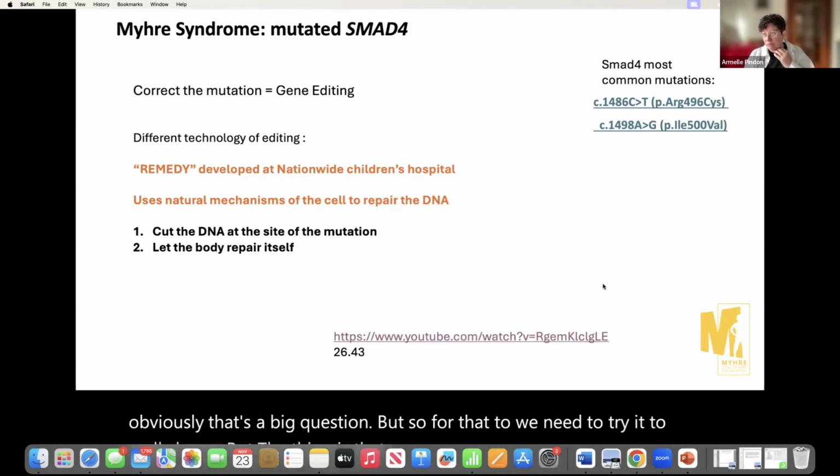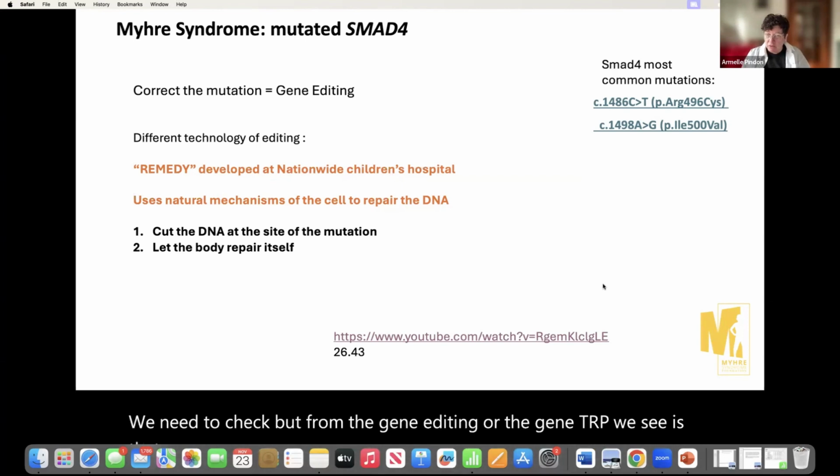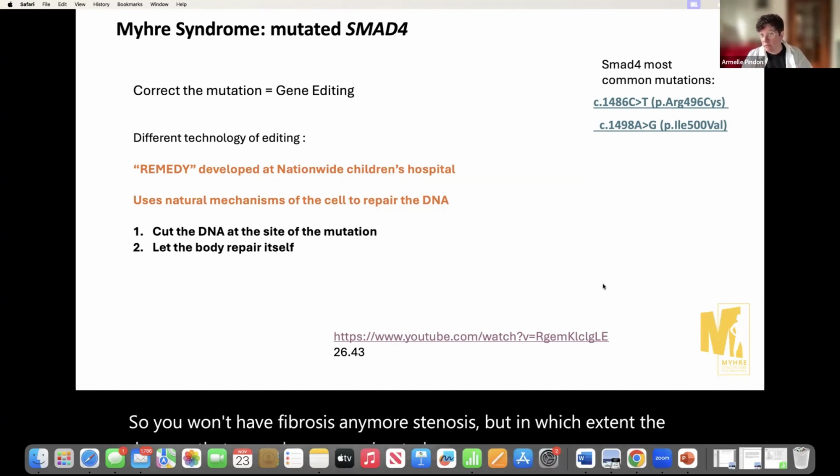Well, we need to check, but from the gene editing or the gene therapy we see that the progression of the disease stops. So you won't have fibrosis anymore, stenosis, but to what extent the damage that was done is going to be corrected by your body by itself, we don't know that.